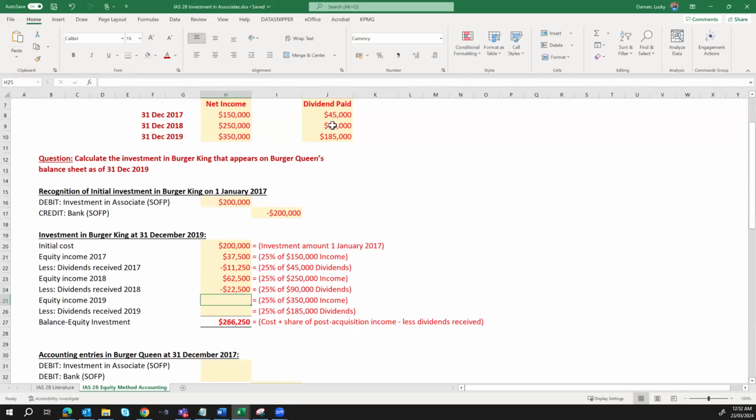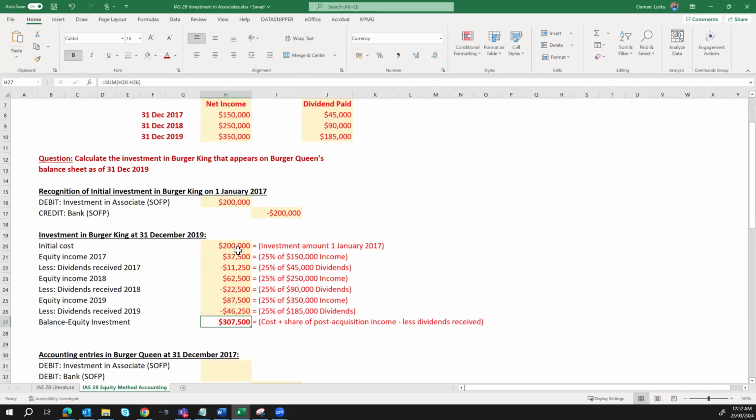Okay, so in 2019, net income reported was $350,000, so we'll take 25% of it as well, multiplied by $350,000. While finally the dividend paid in 2019 will be deducted, equals minus 25% multiplied by $185,000.